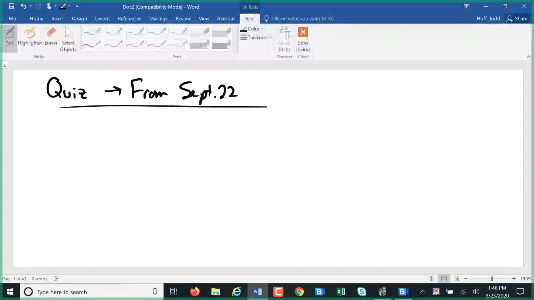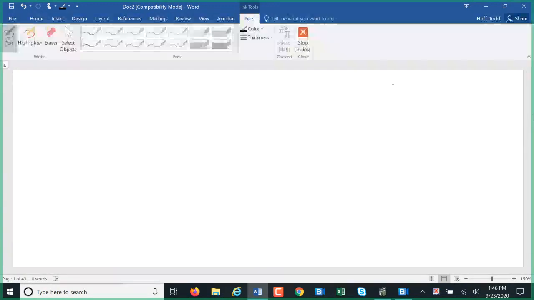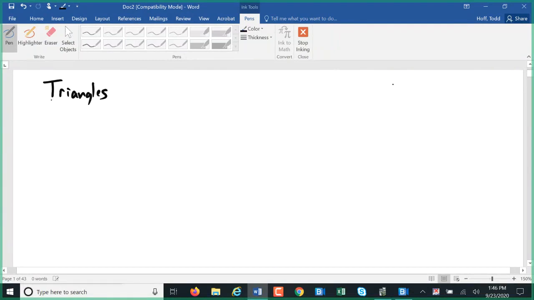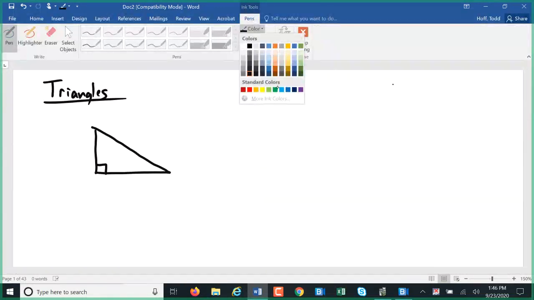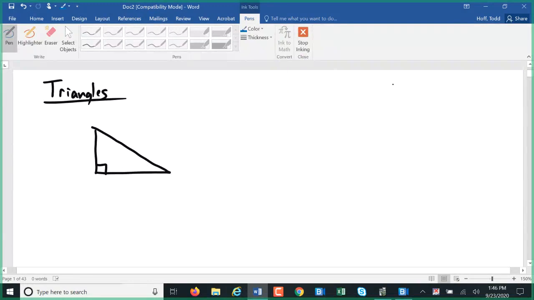Okay, so today we want to continue on with our geometry. Today we're going to focus in on triangles. And we're going to start out with right triangles. Well, when we make a right triangle, that little symbol, that box in the corner, is a square. That signifies that that's a square corner. That's our right angle.